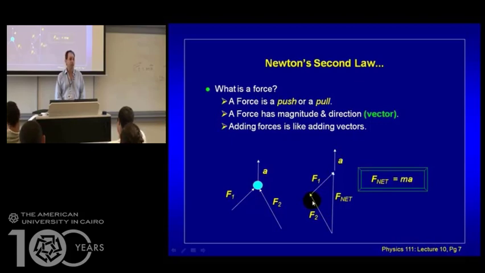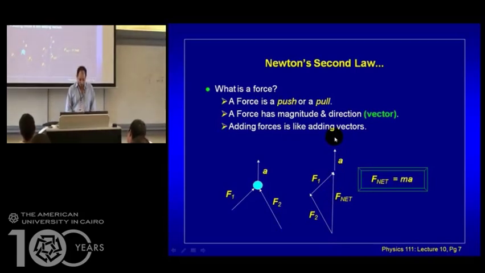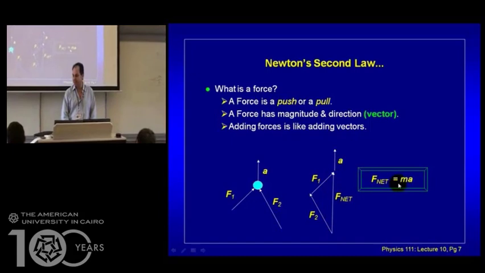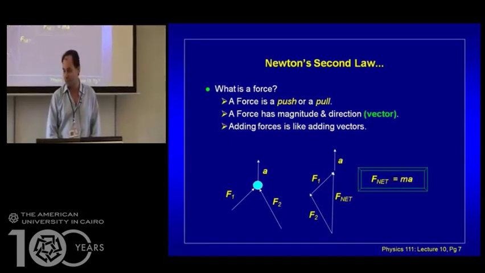Do you remember how we added vectors graphically? We draw the first vector, that's F2, and from the tip of F2 we draw F1, and that line represents the sum of F1 and F2. This is going to be mass times acceleration, the net force, and if we know the net force, then we can simply find the acceleration. Acceleration equals the net force divided by the mass of the object. This is graphically.